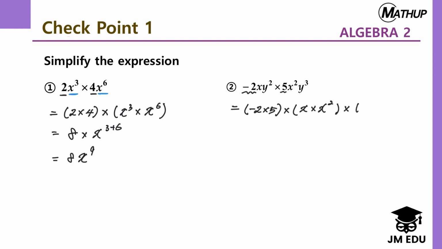Times, we have a variable y squared times y cubed. So that's going to be negative 10 times x to the power of 1 times x to the power of 2. That's going to be x to the power of 1 plus 2 times y squared times y cubed. That's y to the power of 2 plus 3, right? So negative 10 times x cubed times y to the power of 5.